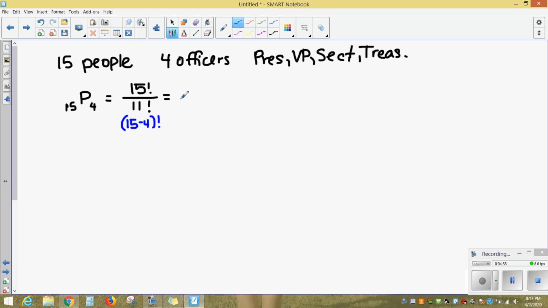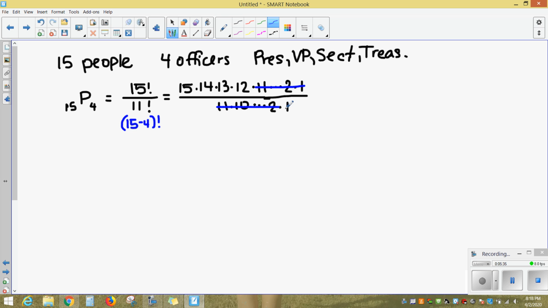And we don't have to figure out what those really enormous numbers are. In fact, some of the older calculators did not used to do these at all. If we wanted to write this out the long way, we know that 15 factorial starts at 15 and goes 14, 13, 12 all the way down to 1. 11 factorial on the bottom goes 11, 10, 9, 8, 7, 6, 5, 4, 3, 2, 1.